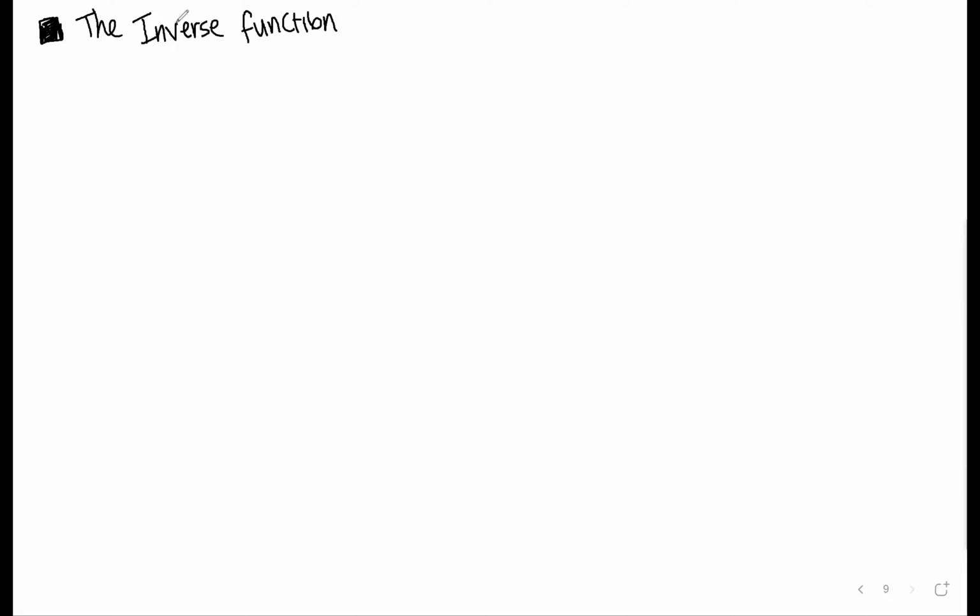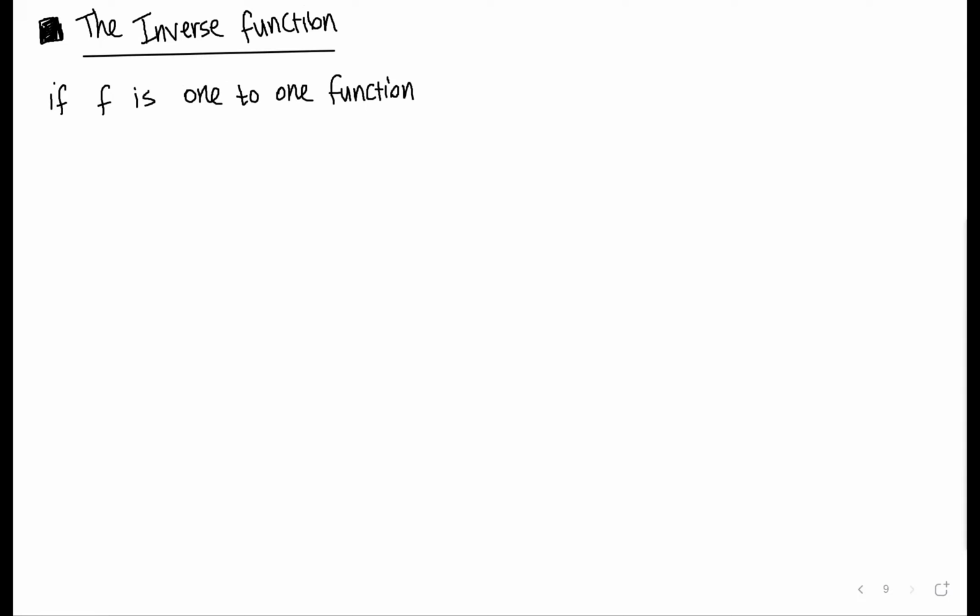So the inverse function, what is the meaning of it? What's the relationship between the inverse function and the one-to-one function? If f is a one-to-one function, this means I can find the inverse for the function.